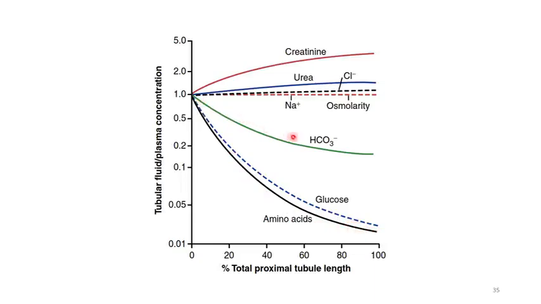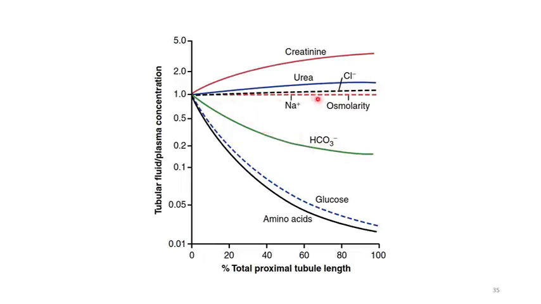For bicarbonate also, because most of it is reabsorbed by the end of the proximal tubule, its concentration in tubular fluid compared to plasma will be much lower, about 20% of what is present in the plasma when the fluid reaches the end of the proximal tubule.